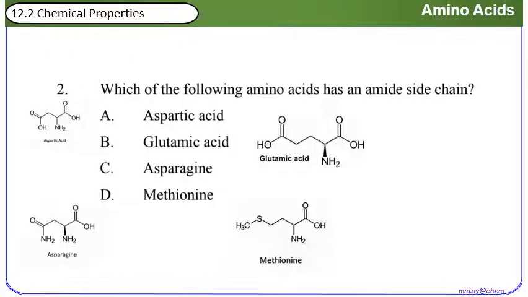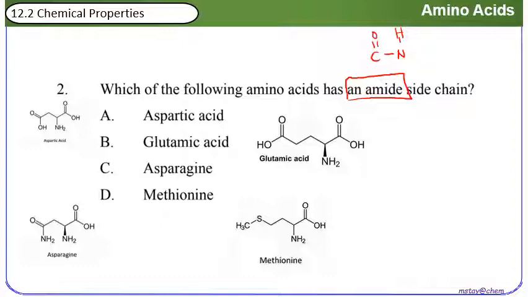Tutorial question number 2, which of the following amino acid has an amide side chain? So to answer this question, we have to know the structure for the amide, which is C double bond O and H. And then the question is just give us the name, so we need to know the structure.